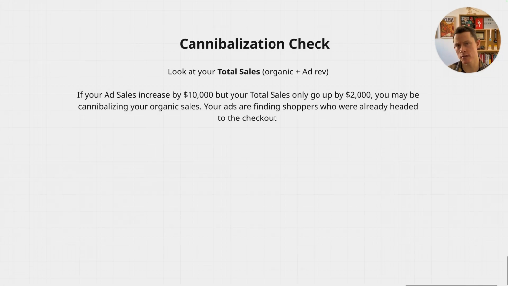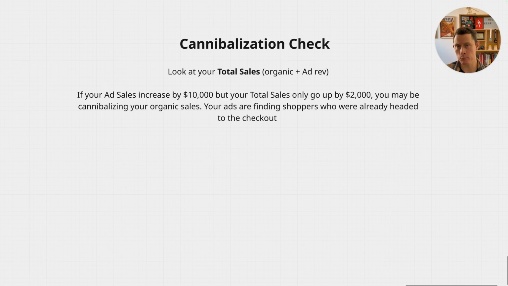And our final test is what we call the cannibalization check. So if you look at your total sales, that is organic plus ad revenue, and you find that your ad sales have increased a lot while your total sales have only increased by a much smaller percentage, that difference may be what you are cannibalizing from your organic sales by putting ads in front of people that would have already purchased.